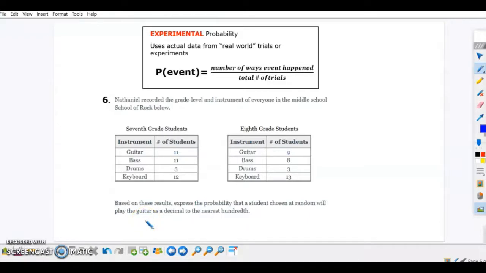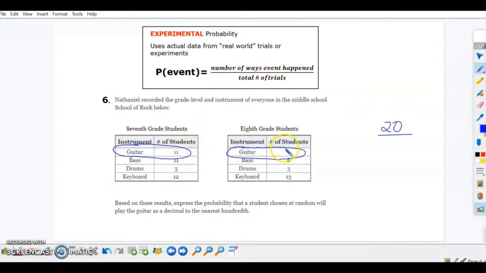So let's look at the total number of students, so the number of ways the event happened. So we could look at this many guitar players. So how many guitar players were there total? That would be 20. Okay, and then we need to divide that by the total number of people surveyed, or the total number of trials.